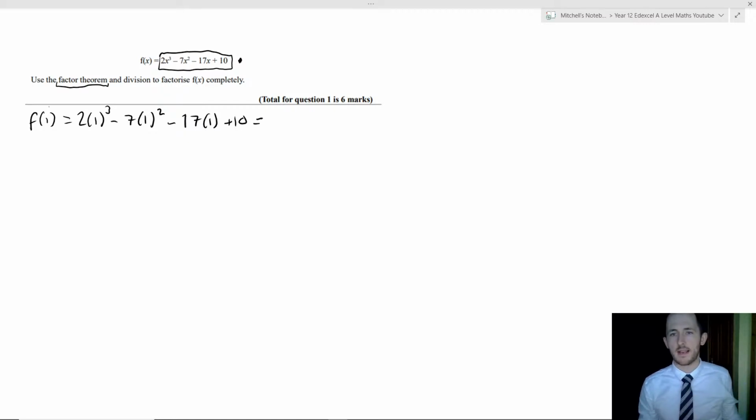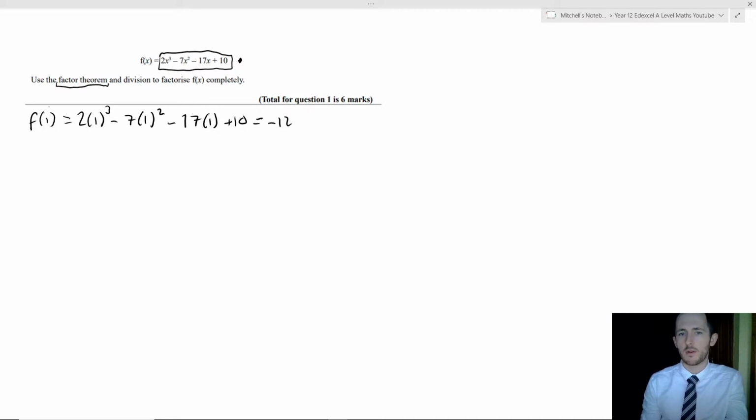Which, if you work it out, I would just use a calculator. This would be the quickest way to do it. And what I would do is, once you've typed it into your calculator, leave it typed in and just change the number inside the bracket. I'm going to write down a few, but realistically, you can do the whole thing on your calculator to find out what the factor is. If I press equals, I get negative 12.